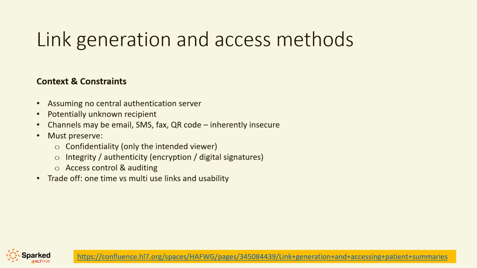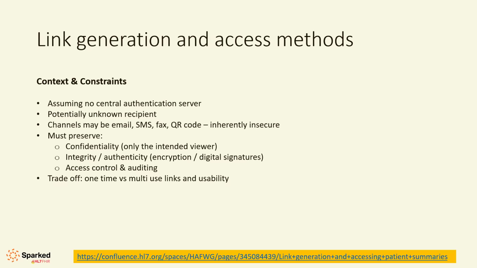The next context or constraint here is that we have a potentially unknown recipient. So whilst a referral is sent to a specialist and the GP might be looking through their list and choosing their name, it may actually be triaged by someone else at that practice. Or it could go to a department at a public hospital, so the Department of Gastroenterology rather. We don't actually have a specific person it is necessarily going to.